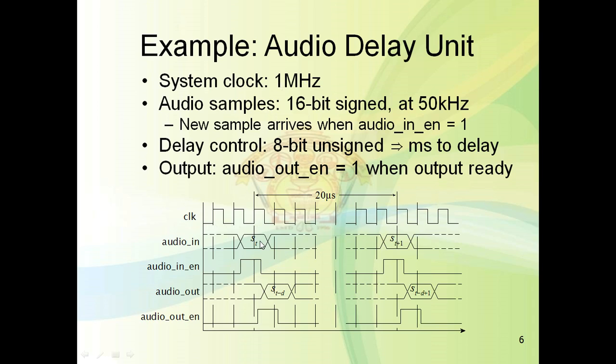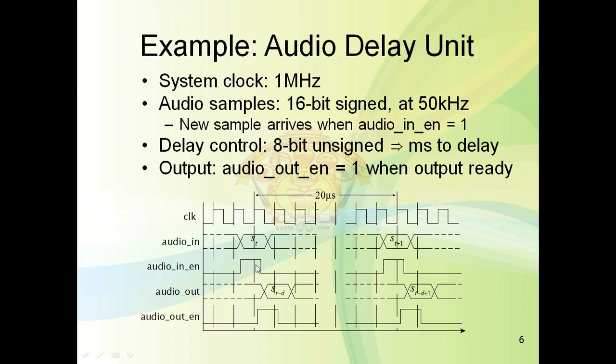Okay, that is shown here in this timing diagram. This is the system clock. So the sample frequency is given as 50 kilohertz, which means every 20 microseconds one sample is coming, and that sample is indicated by audio in enable. Okay, so the audio input data signal is there and every sample comes after 20 microseconds.